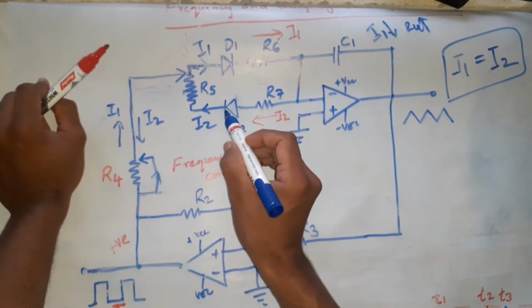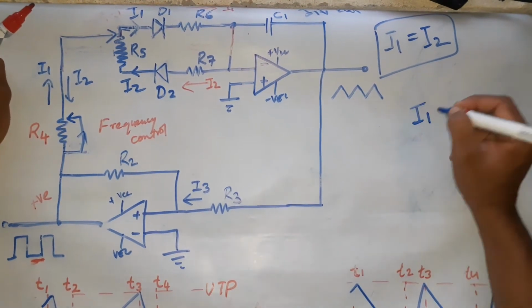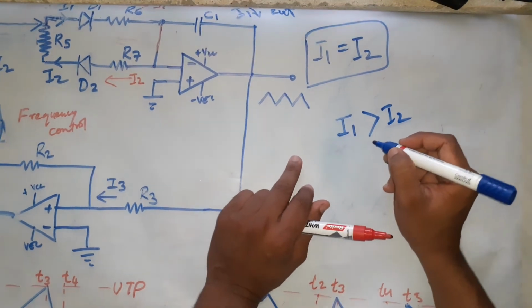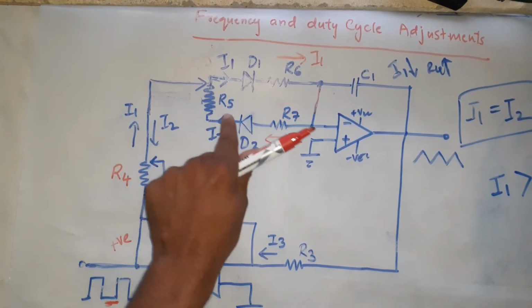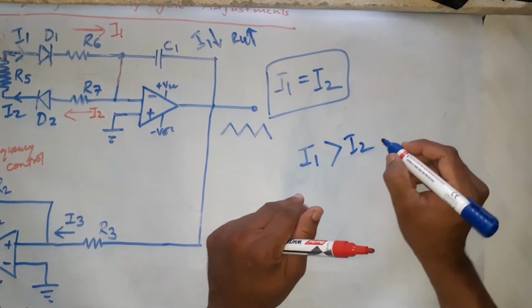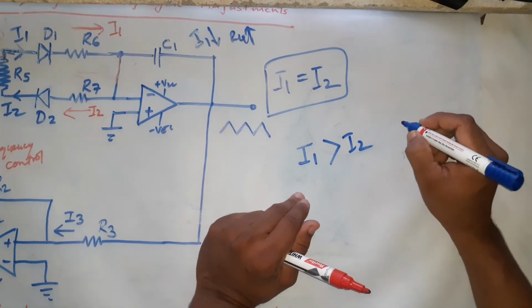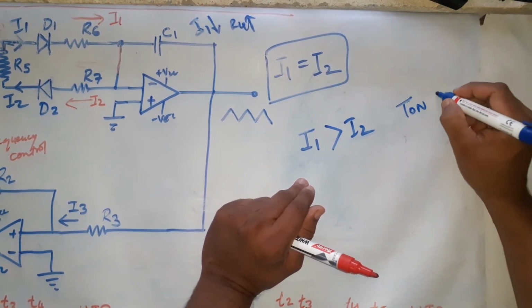So more the resistance, lower the current. So I2 will be less. So in this case, I1 is more than I2 when resistor R5 is connected in this particular position. So this will give you T on small duration.